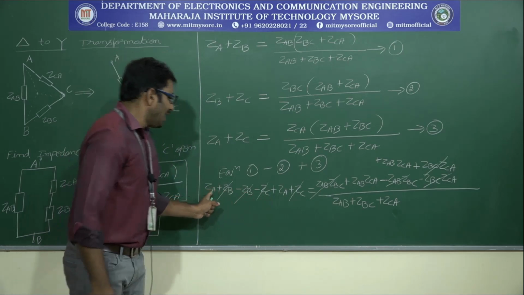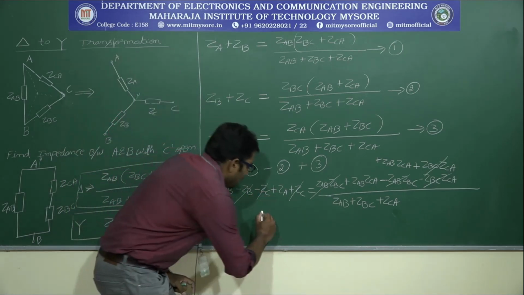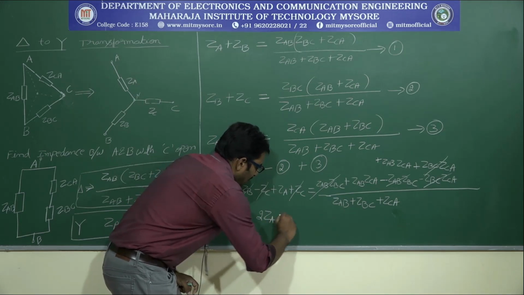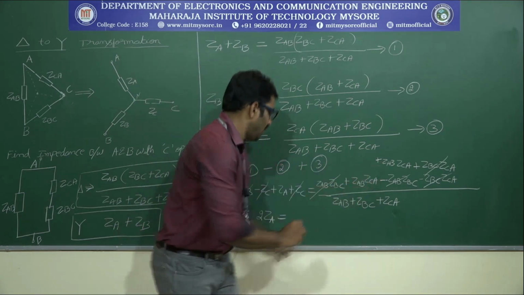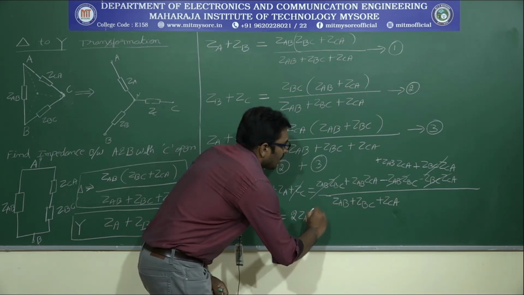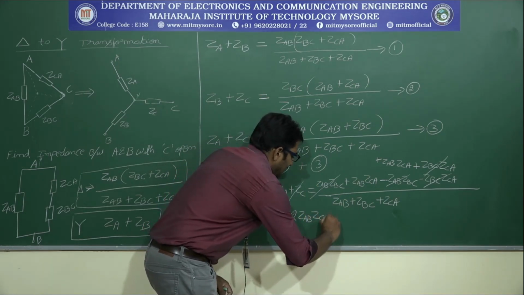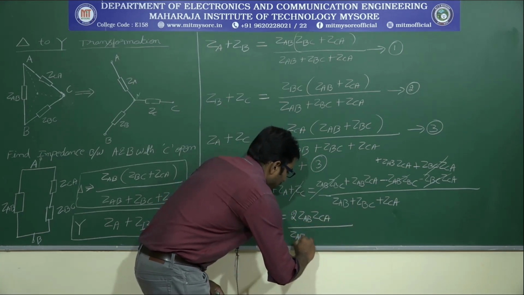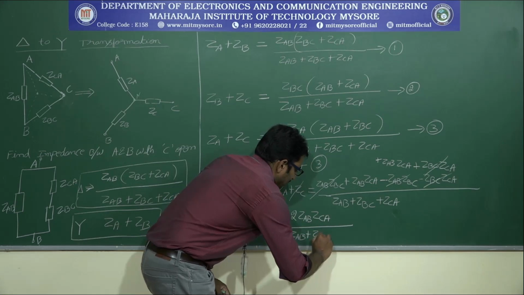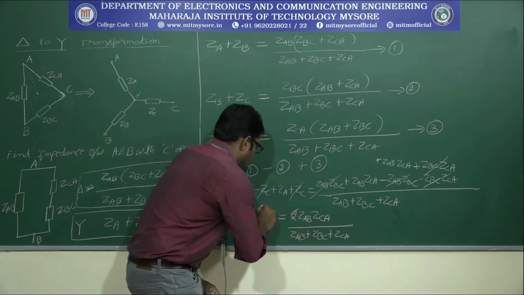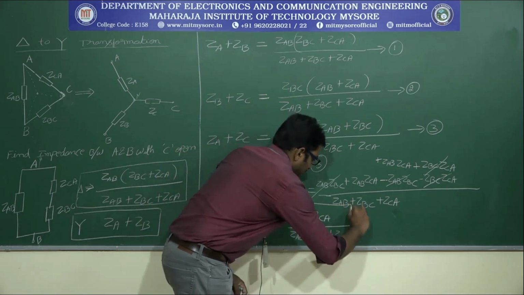So LHS part, ZA plus ZA, 2 ZA, is equal to RHS part, 2 ZAB into ZCA whole divided by ZAB plus ZBC plus ZCA. 2 will get cancelled.